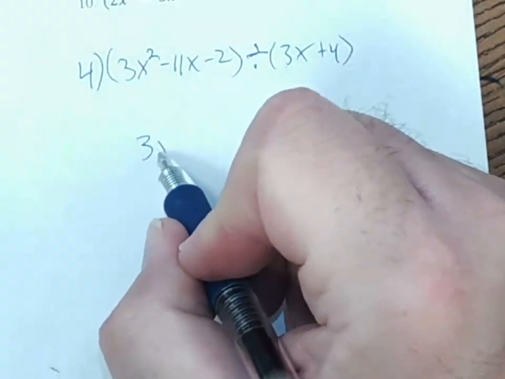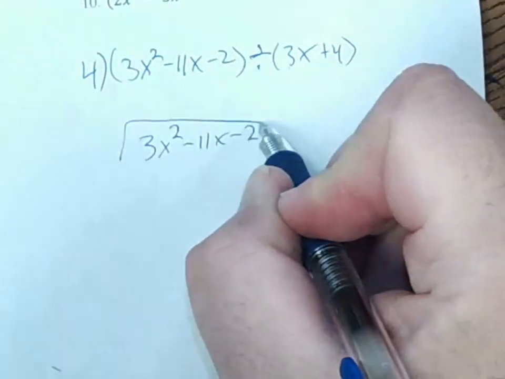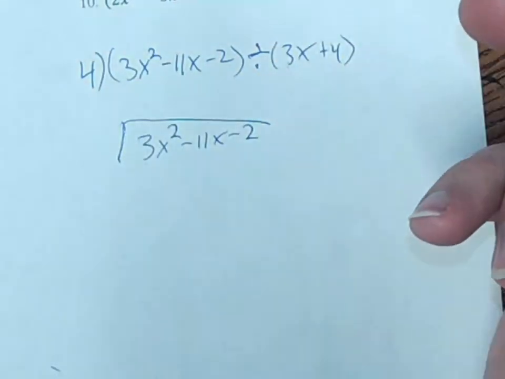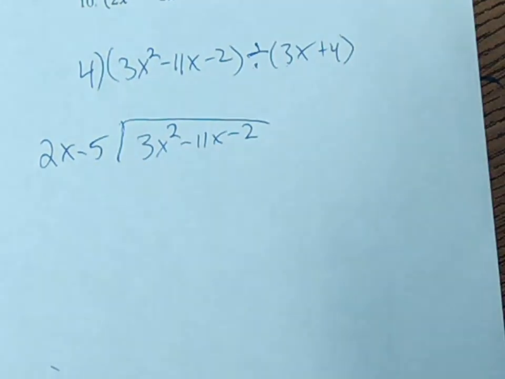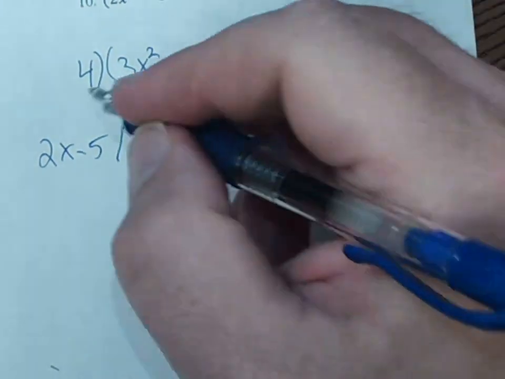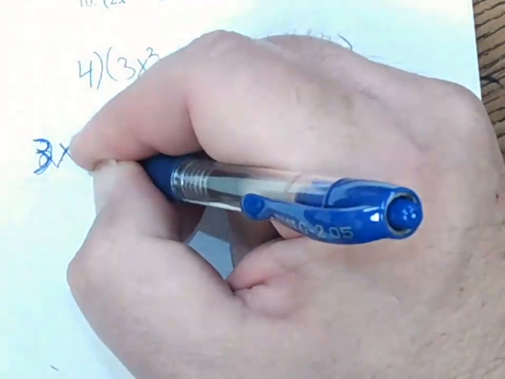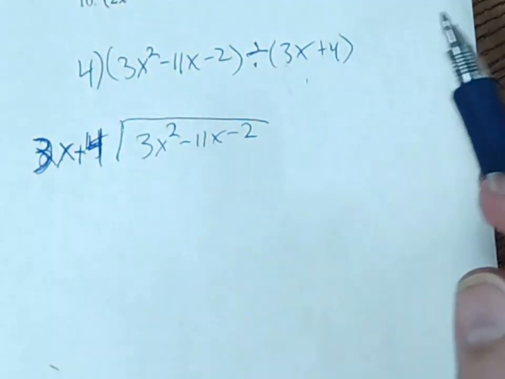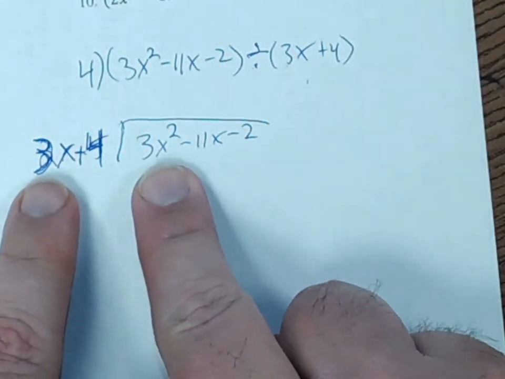So 3x squared minus 11x minus 2 divided by 2x minus 5. Just kidding, 3x plus 4. I looked at the wrong thing. 3x plus, my bad, 4. That's very confusing. I looked at the wrong thing. My apologies.